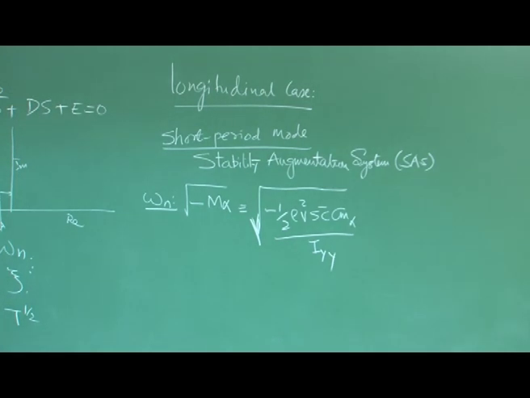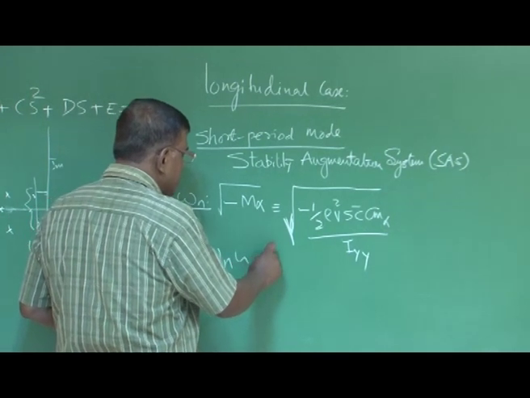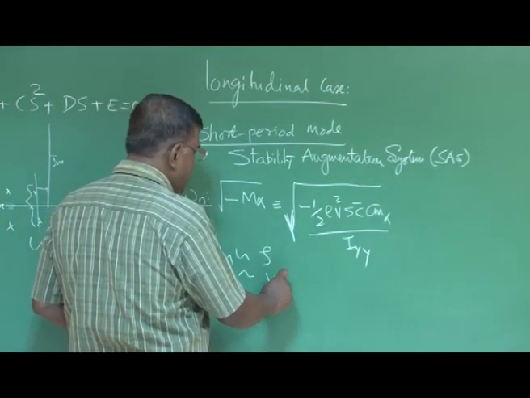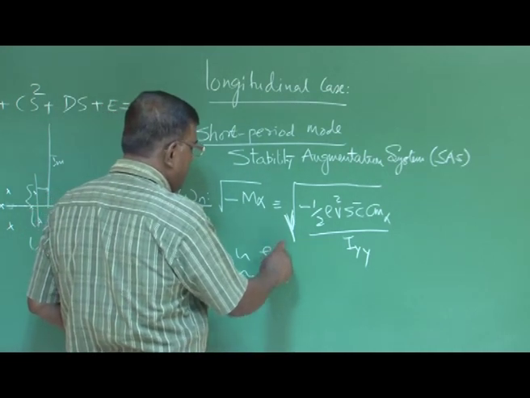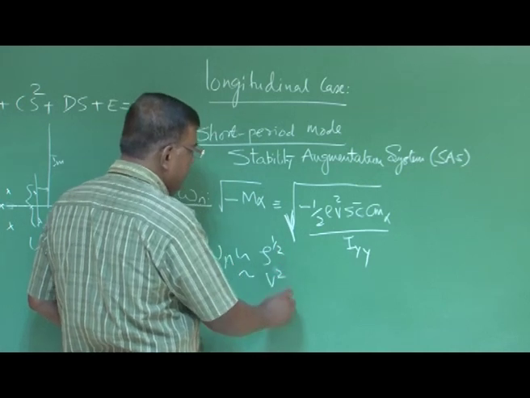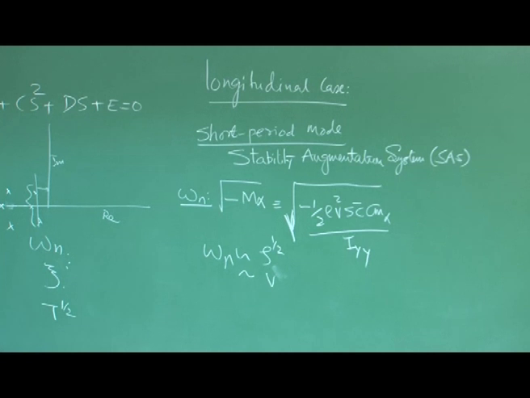We could see that this omega n will go on changing with rho. It will change with V or V square, and rho I can write because in the root it is rho to the power half and V. The point is, as we go higher and higher, the natural frequency of the short period mode will go on reducing.